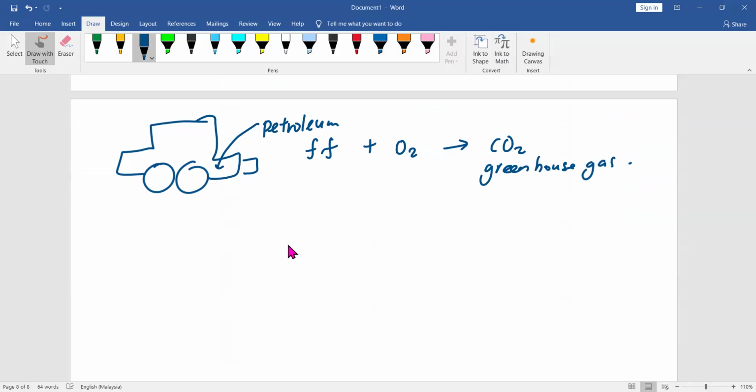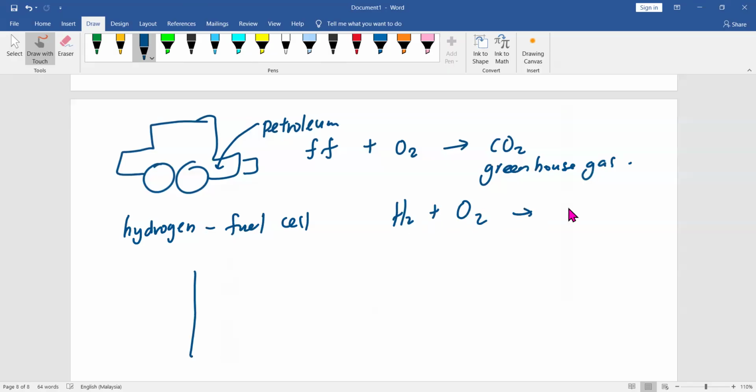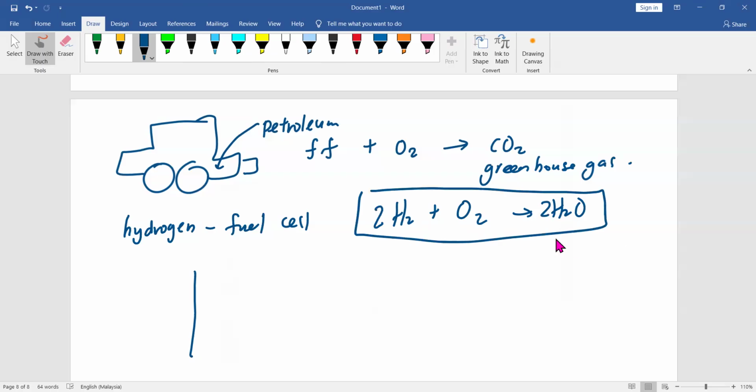What if we use something called a hydrogen fuel cell? A hydrogen fuel cell is when hydrogen burns in oxygen to produce water. Same as every combustion reaction, this is very exothermic.